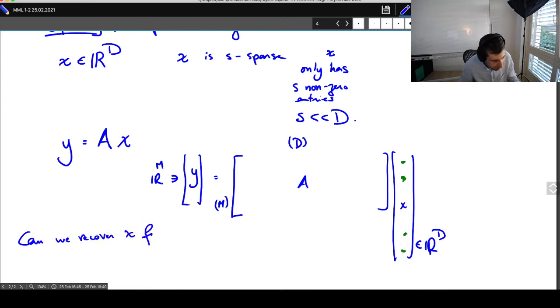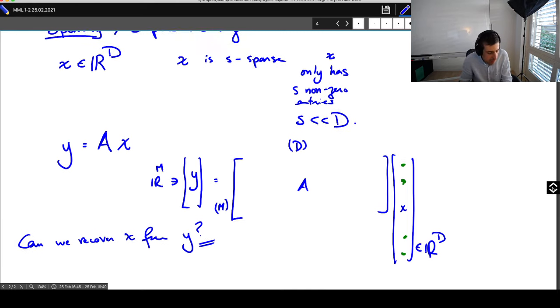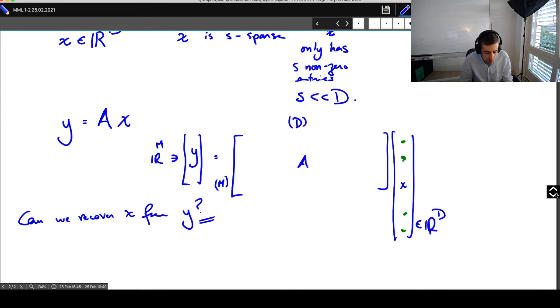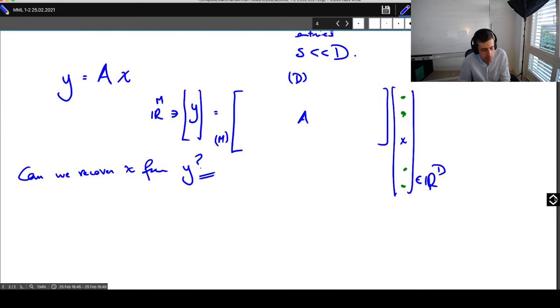recover x from y? And it turns out that this has beautiful mathematics in it, connecting with many things in linear algebra and signal processing and so on. The things that we develop here are the ones that are used for matrix completion, and I'll be able to draw the analogy with matrix completion without really proving everything in matrix completion, because that requires deep probability theory.